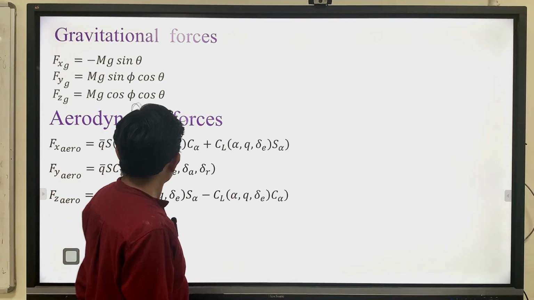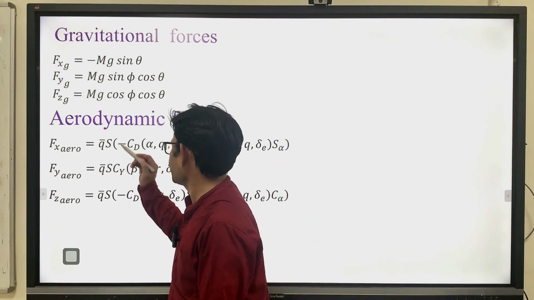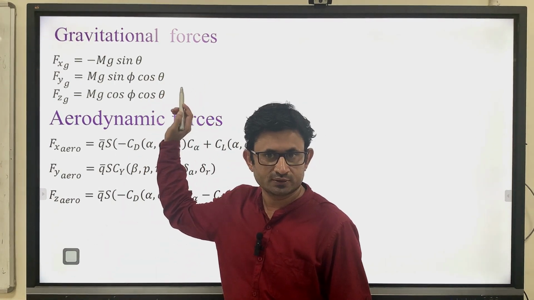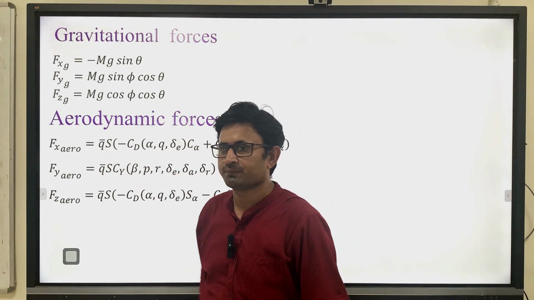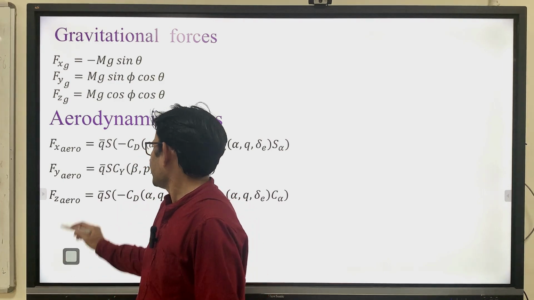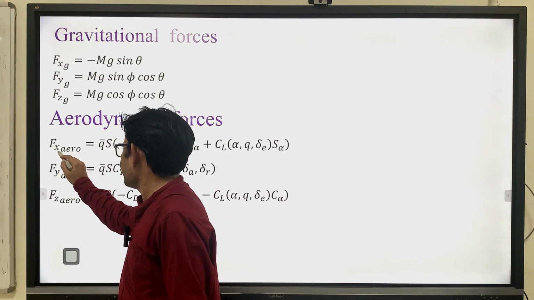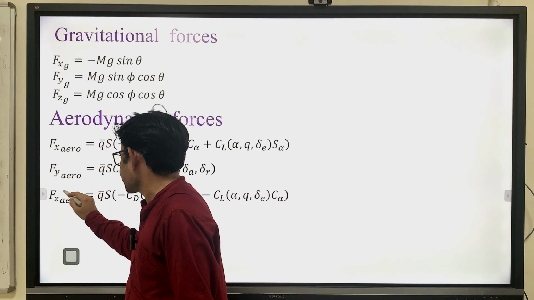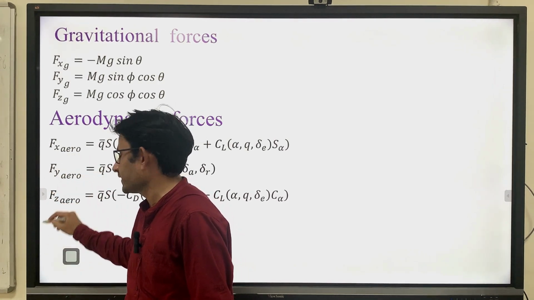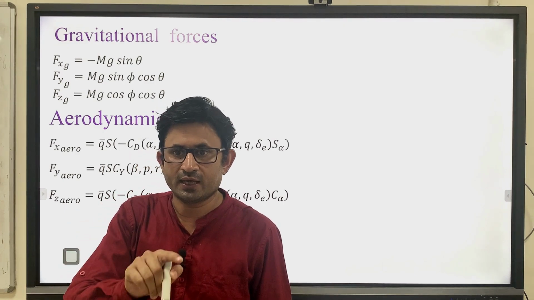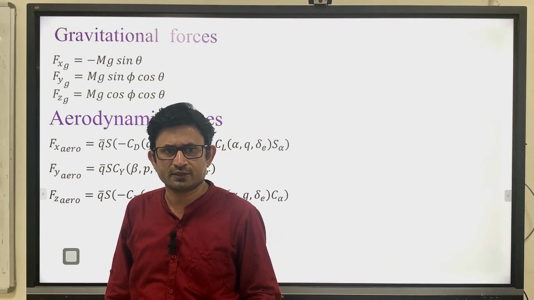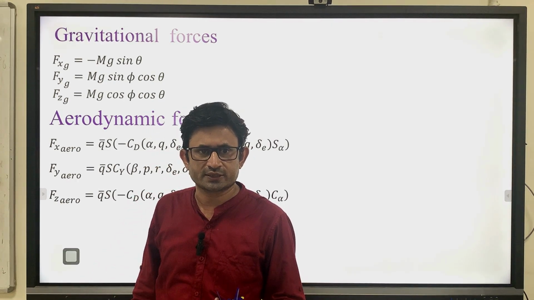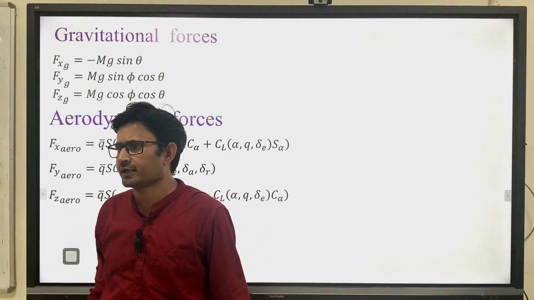Now the gravitational force is clear to you guys, right? Now, what are aerodynamic forces? We will have aerodynamic force in the x direction, y direction and z direction. When I say x, y, z, that means body axis. Here I will talk only about the body axis, because when you are not talking about the body axis, the gravitational force you can write directly as mg.